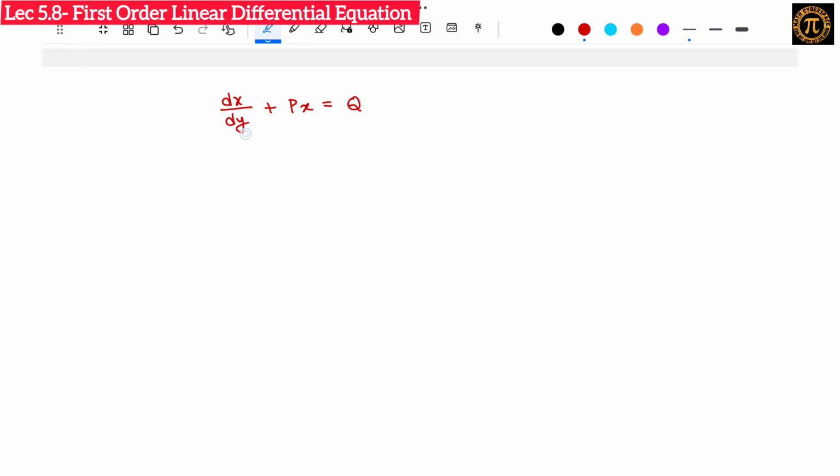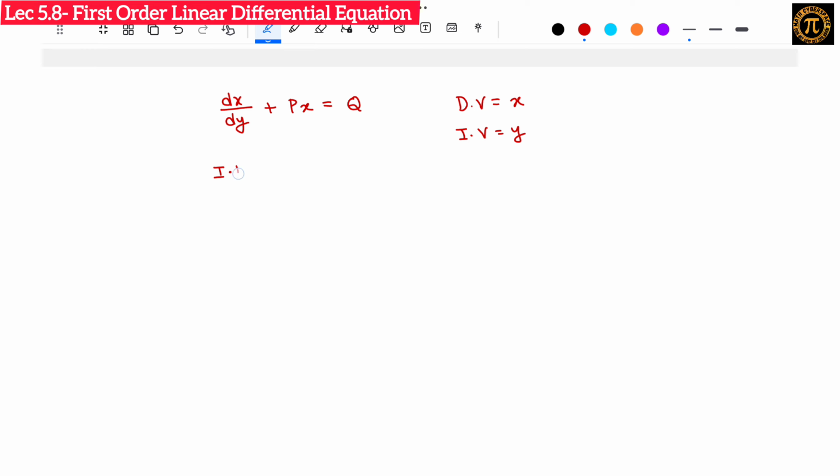Obviously yes. But the problem is, in this equation the dependent variable is x and the independent variable is y. So what will be the integrating factor?